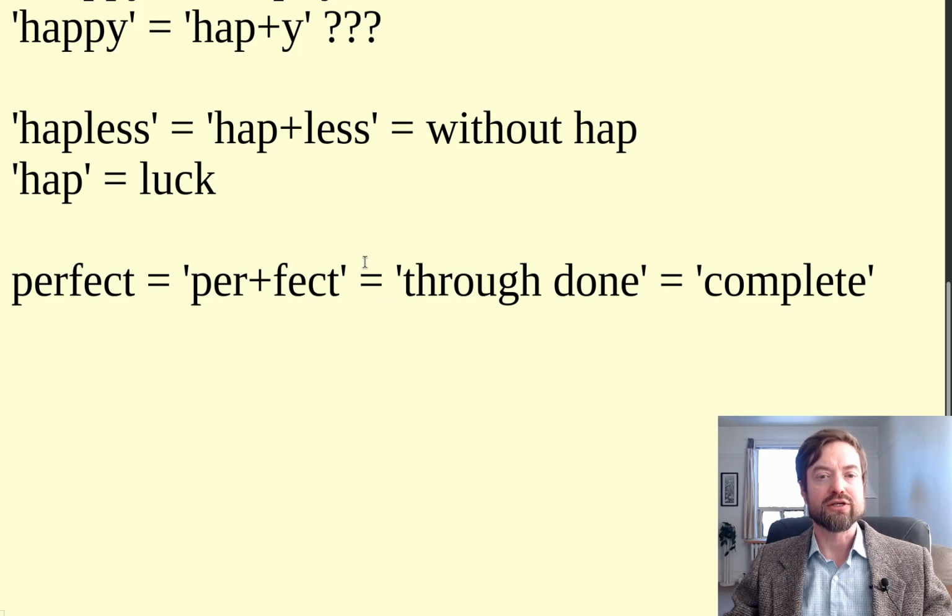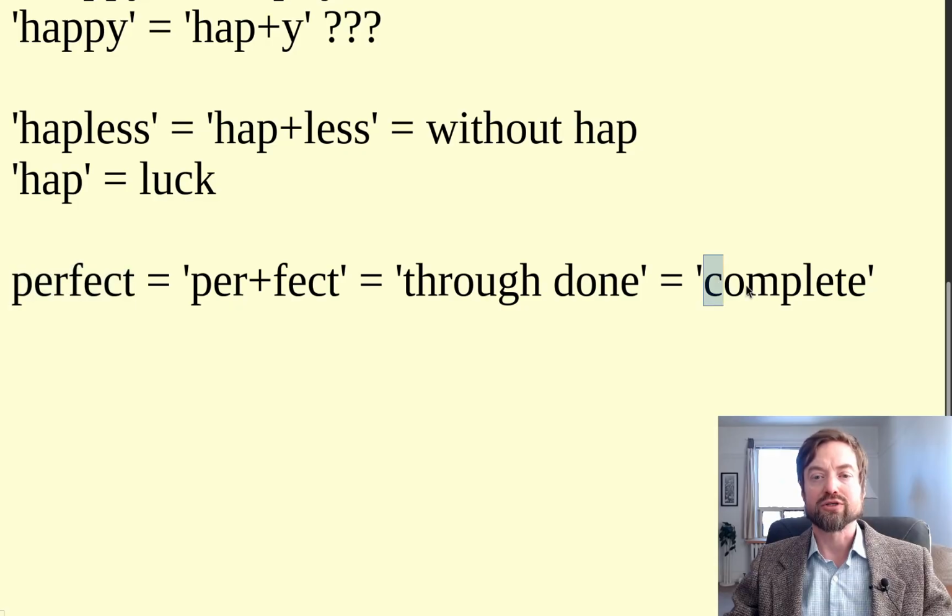And I like this example because we often think about the word perfect as meaning 100% with absolutely no errors. And I think that comes from this whole marking system, this idea that 100% is an unattainable ideal of absolute perfection, and anything less than that is imperfect. But in the earlier meaning of this word, perfect just means to be done through.